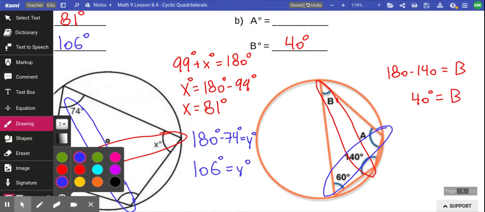That's a hard one to see as opposites, just because the quadrilateral is on such a weird angle. But they are opposite, so we can do our trick for that. 180 degrees minus 60 degrees should equal A. Sorry, my A is so messy, my pen did not register there. 180 minus 60 equals 120. So angle A is 120 degrees.